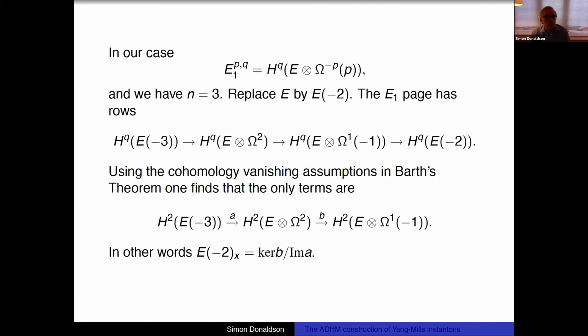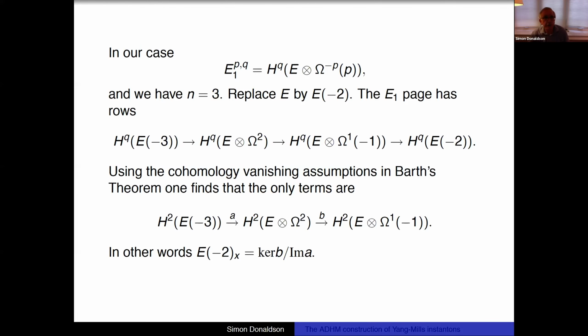So then what you find is that the rows of our chessboard have the cohomology H^q of E(-3), and then E tensor omega 2, the second exterior power of the cotangent bundle, and E tensor omega 1(-1), and then we get E(-2) appearing here.